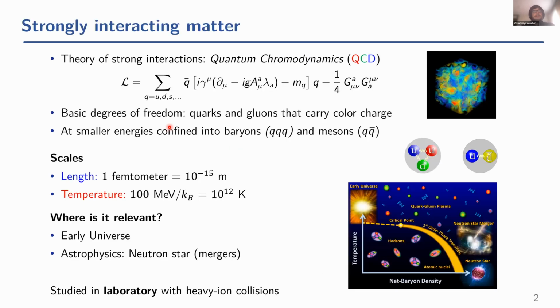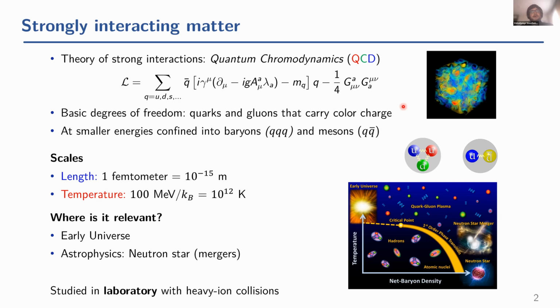So I will make only a brief introduction, because I think we more or less know the general purpose and the goals of the field. It's the study of strong interactions, and we think that we know the fundamental theory behind strong interactions, quantum chromodynamics, which is a quantum field theory based on degrees of freedom called quarks and gluons, which carry a color charge.